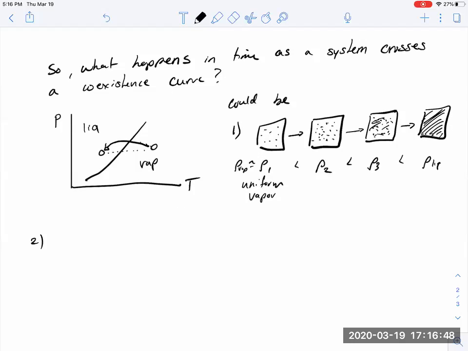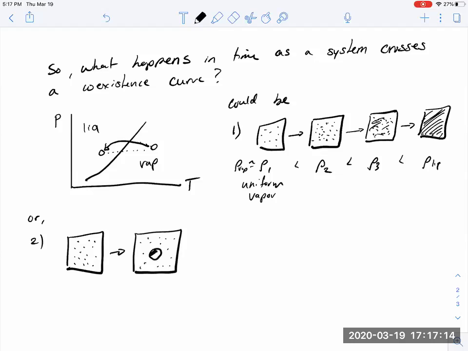Alternatively, it could be that I start in the vapor, and rather than increasing the density uniformly in space, what I do is, in the background of the vapor, I increase the density locally by a higher amount.